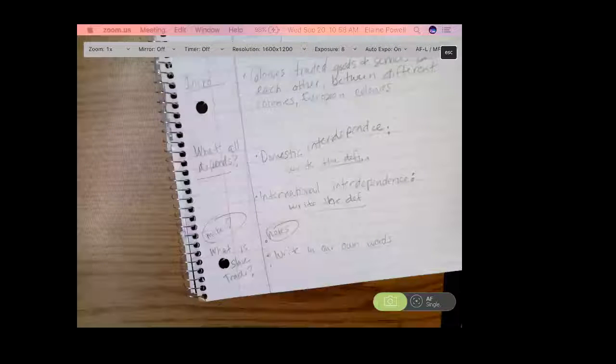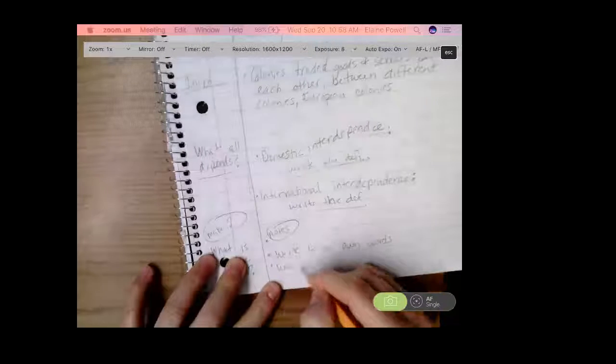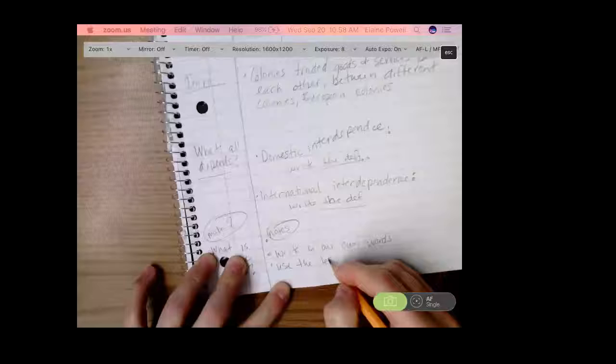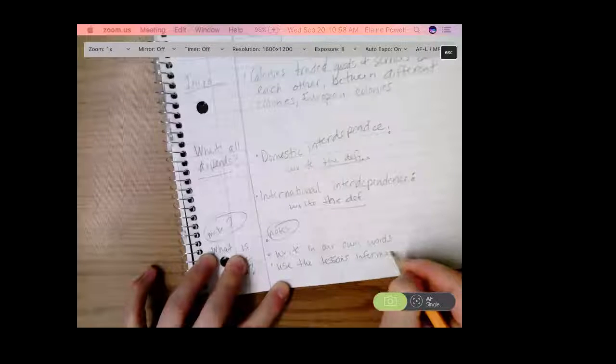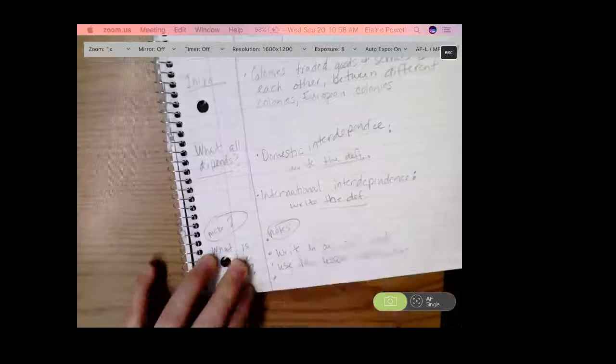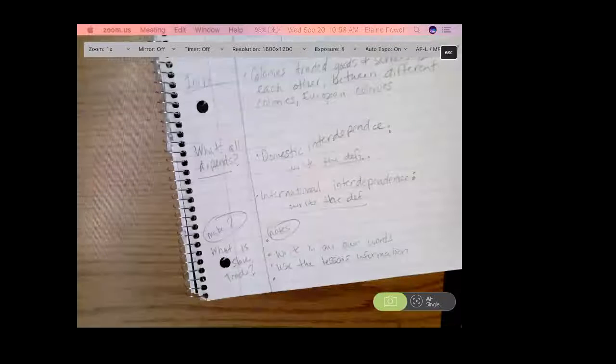Use the information that you're reading about. Yes. Use the lessons information. Good. But with that lessons information, what are we trying to do? It's like a cycle. I'm cycling you back to something. Answer the question. We're answering the question, right?